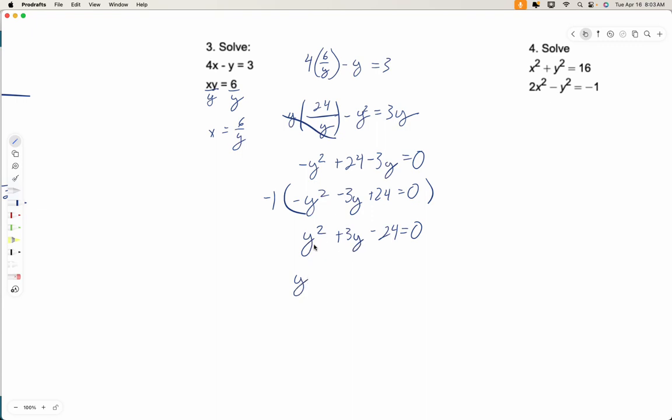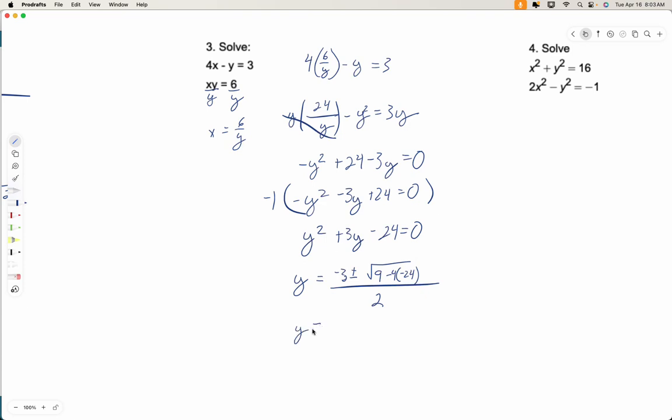And because this is y, you say y, right? Y is equal to negative 3 plus or minus, that would be 9, 3 squared would be 9, minus 1 times negative 24 would be negative 24 times 4, all over 2 times 1 would be 2.